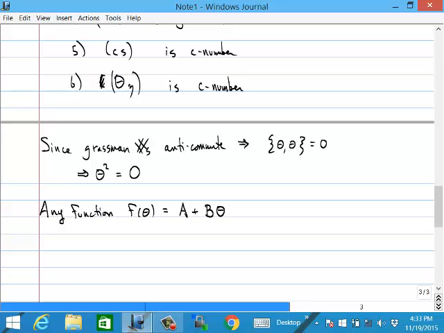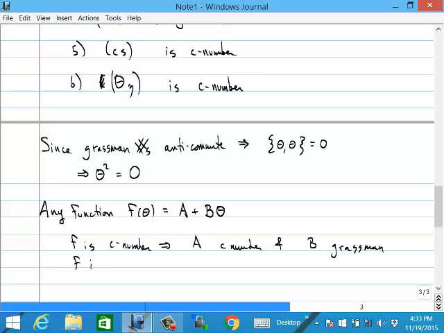Sorry, I take that back. If f is going to be a C number, then that means that a is a C number, and b is a Grassmann number.